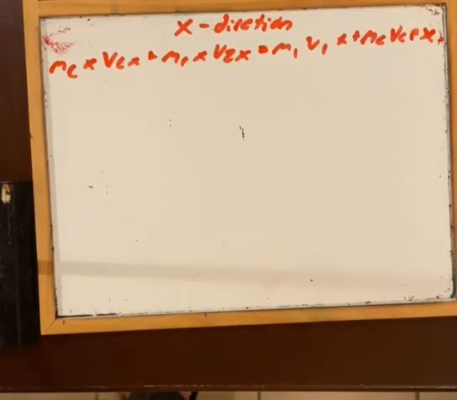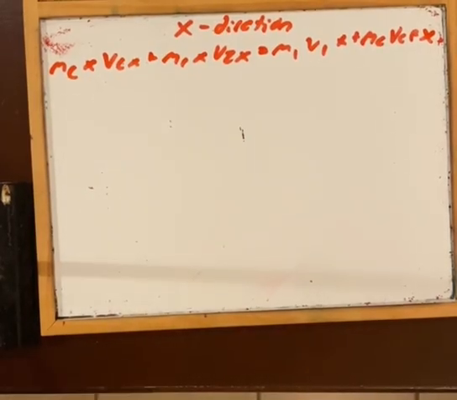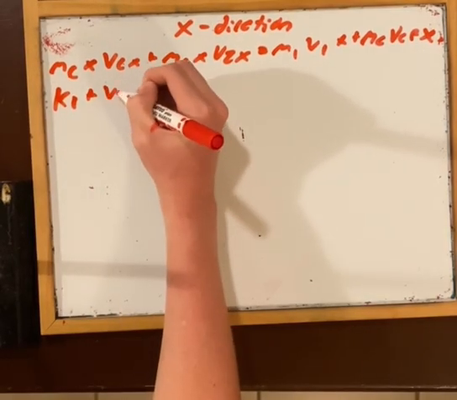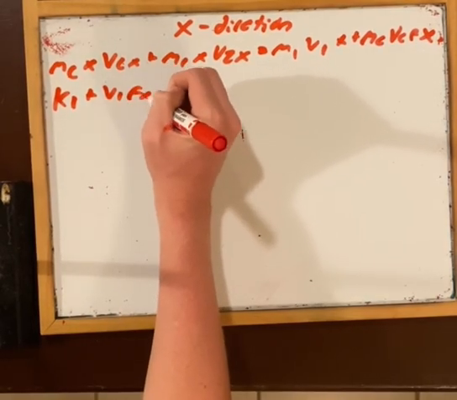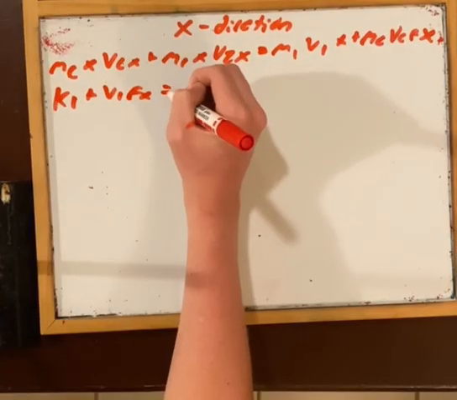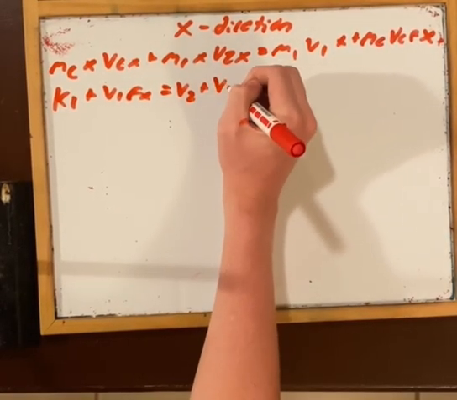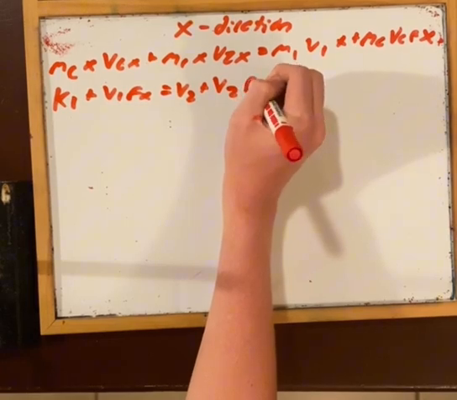Now we have to do v1i plus v1f of x equals v2i plus v2f of x.